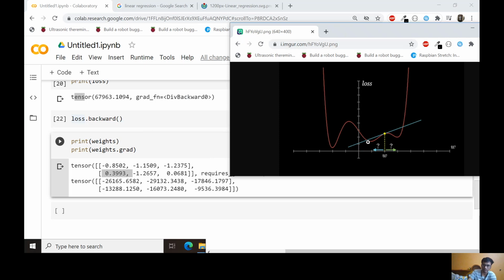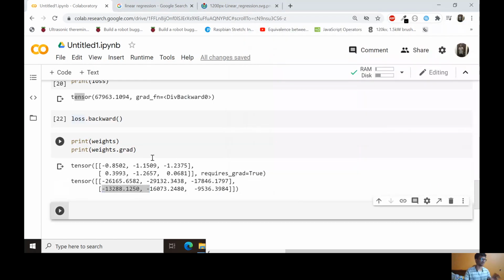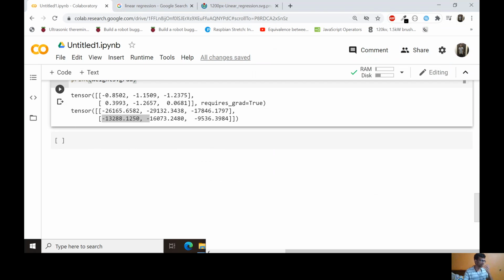But if the value that we have got here is negative, then we need to increase the value because then our loss function will decrease. It is slightly confusing, but please bear with me. I'm trying my best to make you understand.